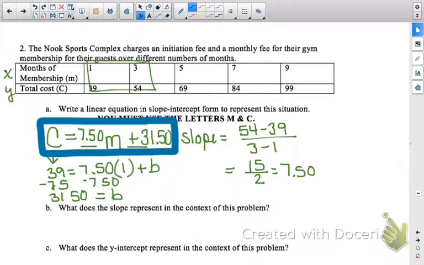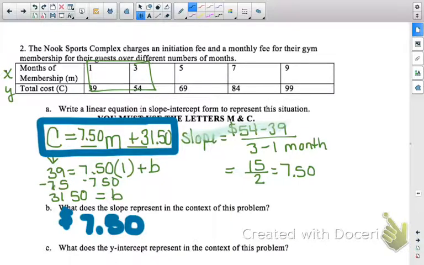Now I'm going to explain what the slope represents in the context of the problem. I'm going to put 7.50, and since it's about money, one of the ways I could do this is when I go back to where I calculated the slope, the label up here was money, and I'm going to put a label on the bottom which was month.